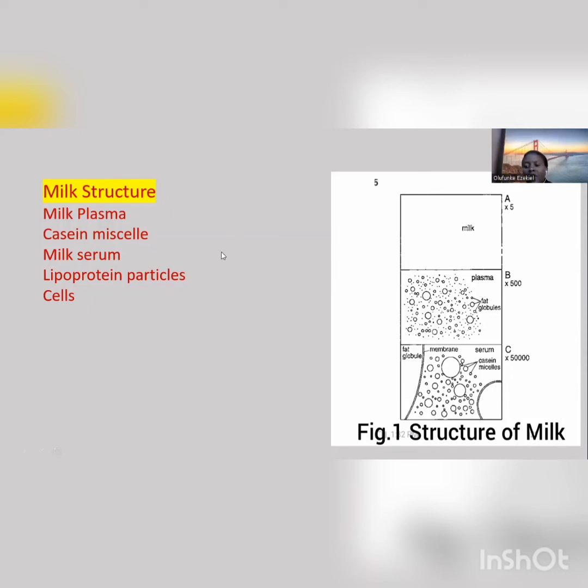You can see that the fat globules are not very visible at times 5 and times 500, while at times 50,000, you can see casein micelle, serum, membrane, and fat globules.